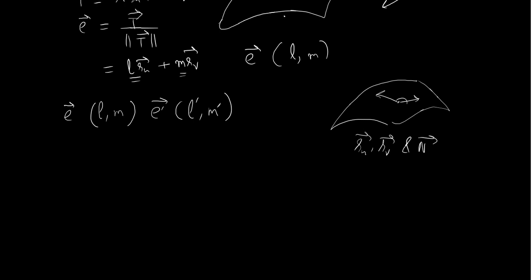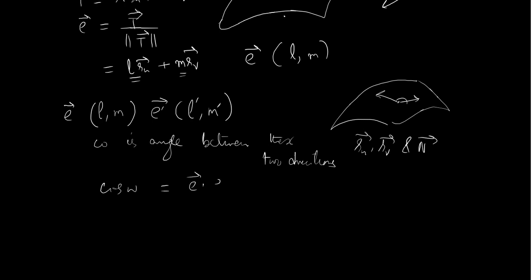Then if omega is the angle between these two directions, then I know that cos of omega is e dotted with e prime divided by norm of e into norm of e prime. And norm of e and norm of e prime is equal to 1.